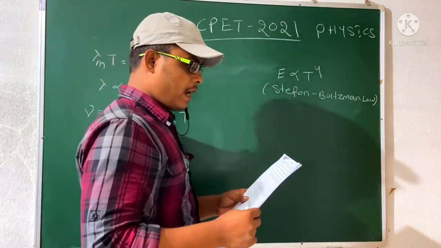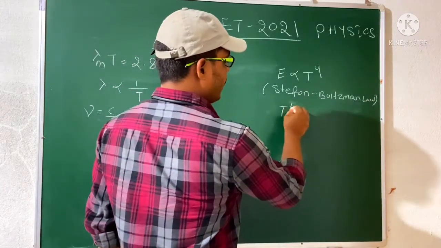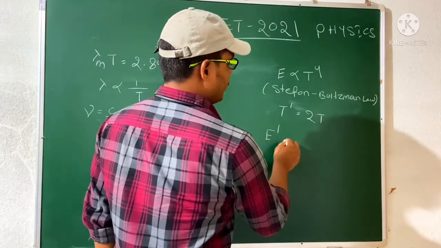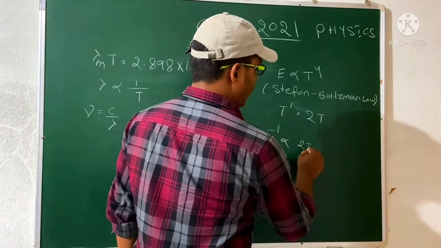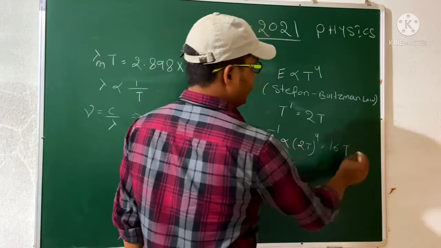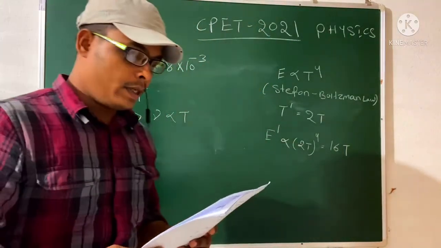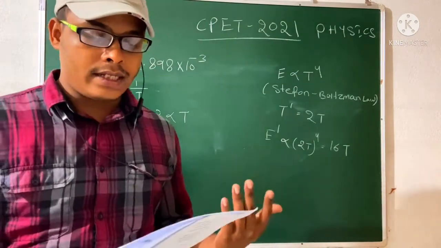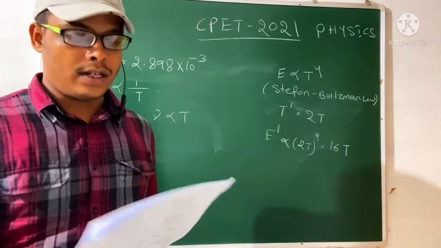Now, if the absolute temperature of the body is doubled, that means T prime equal to 2T, then your energy will be proportional to 2T to the power 4, that is 16 times. So the energy is changing 16 times, but here it is given that the total energy increased by factor 12 and by factor 8. So C and D are the wrong answers.